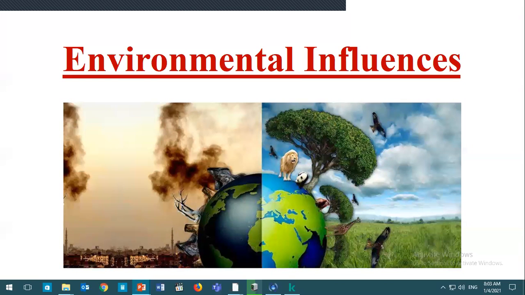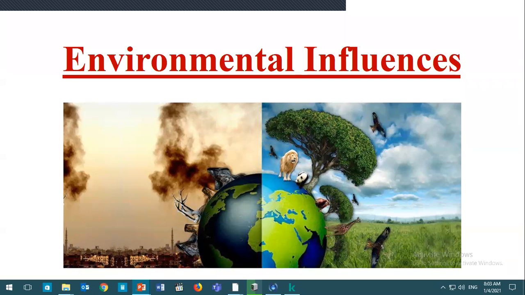Do you know what an environment is? It includes the water, the soil, air, weather, landforms, trees, and other living things. Living and non-living things in a place. Well, this is the ecosystem, but thank you for that.